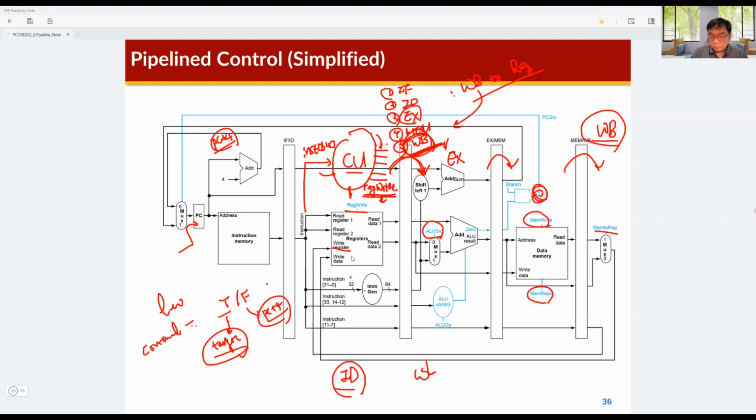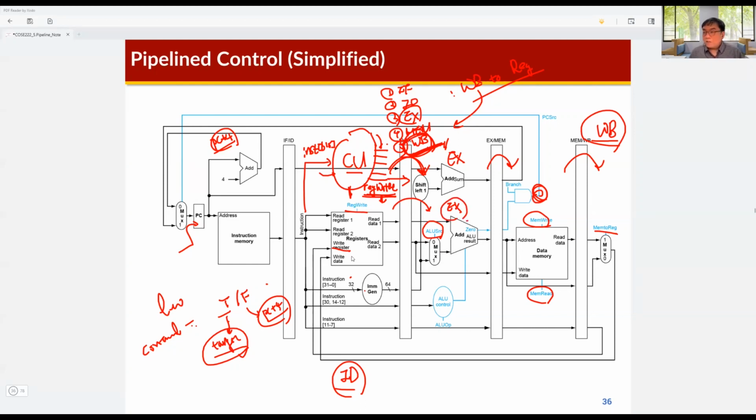For example, if a certain control signal is consumed at the EX stage, then this signal just goes through this ID/EX stage pipeline register. That means this control signal is propagated to the EX stage, and then it is consumed at the EX stage.